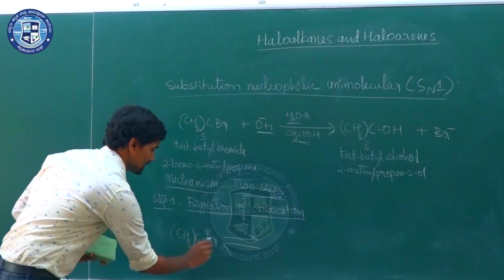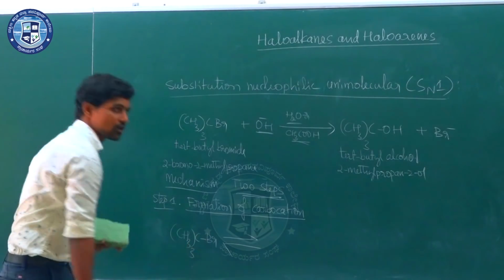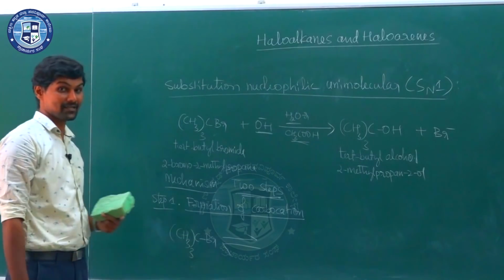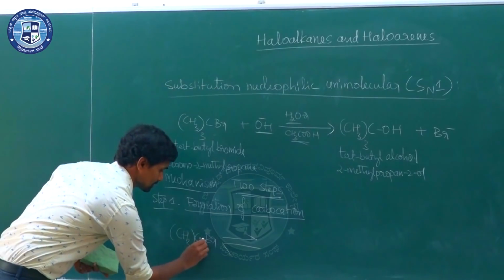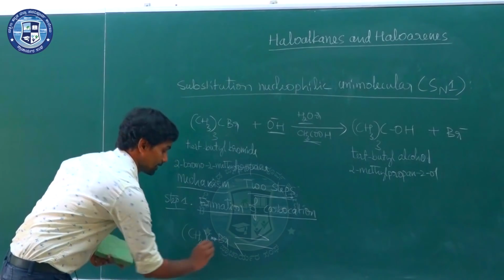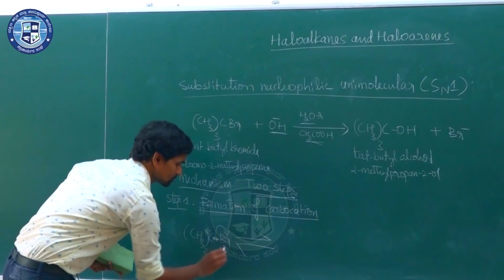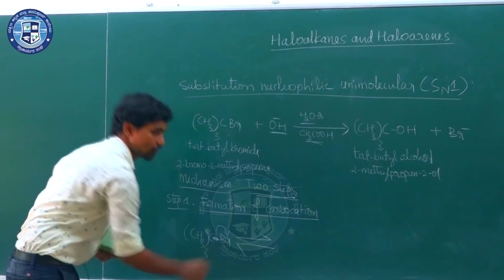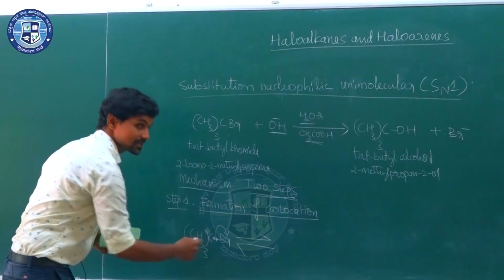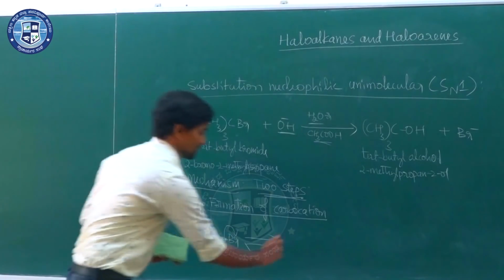In the presence of polar solvent, this carbon bromine bond breaks heterolytically. What do you mean by heterolytic cleavage of the bond? This bond possesses 2 electrons, and as the bond is breaking, both the electrons go to bromine and bromine goes as Br minus. Now carbon lost electrons, therefore it gets positive charge.